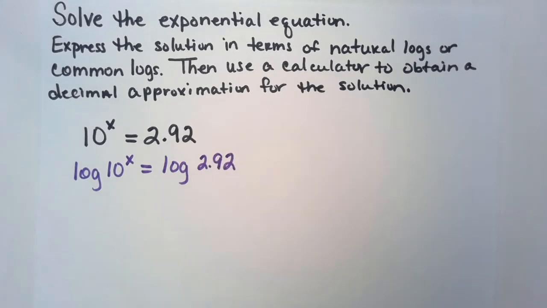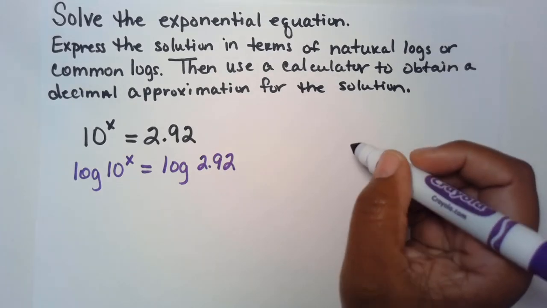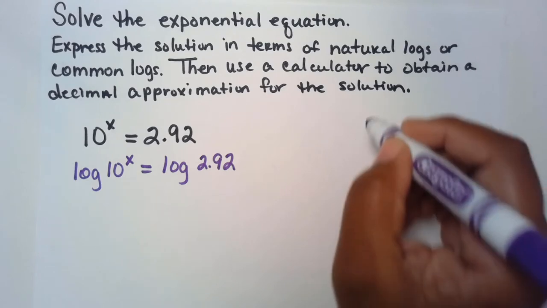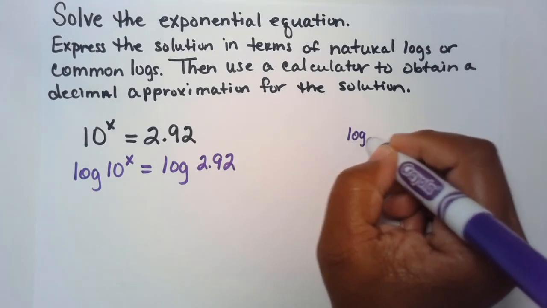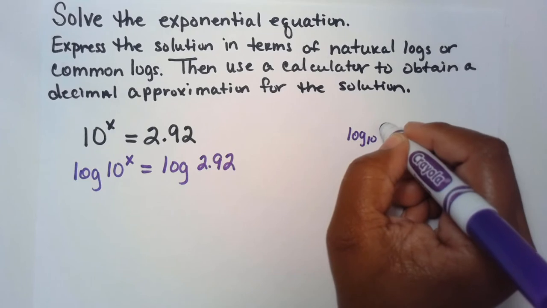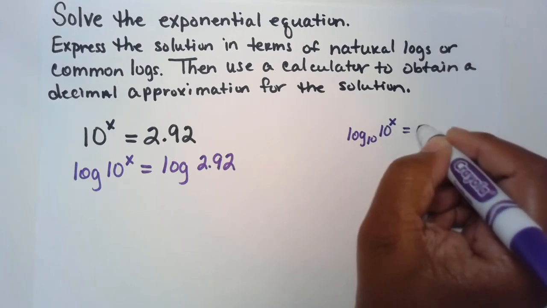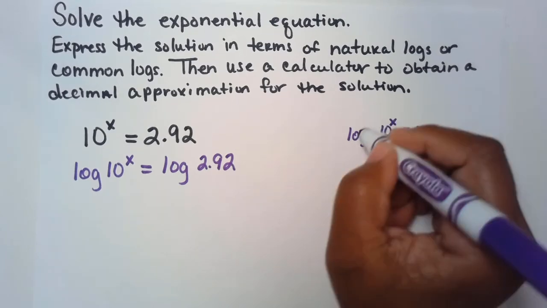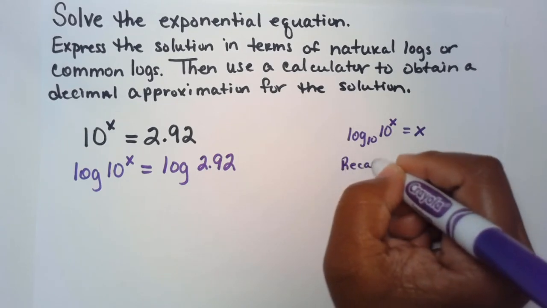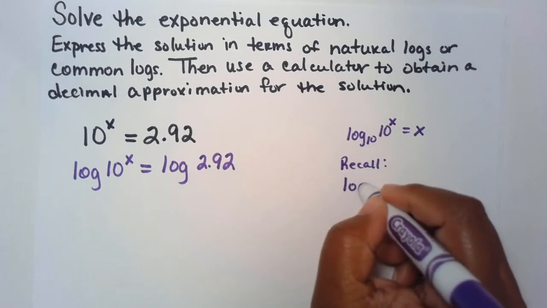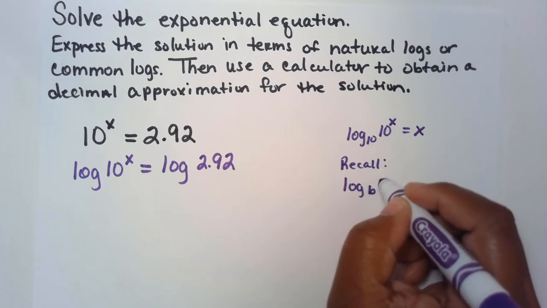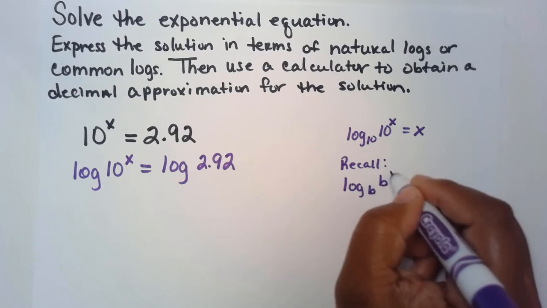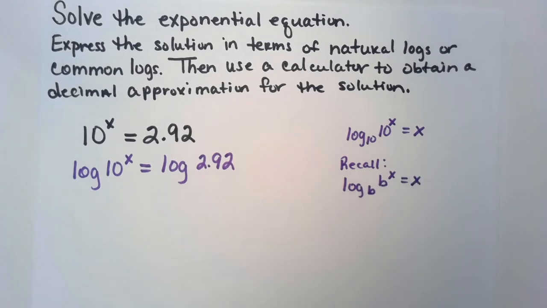Now remember, recall, let me go back to my previous post here, that whenever we have log base 10 of 10 to the x, it is going to give us x. This is the initial formula: log base b of b to the x power is going to give us that exponent.